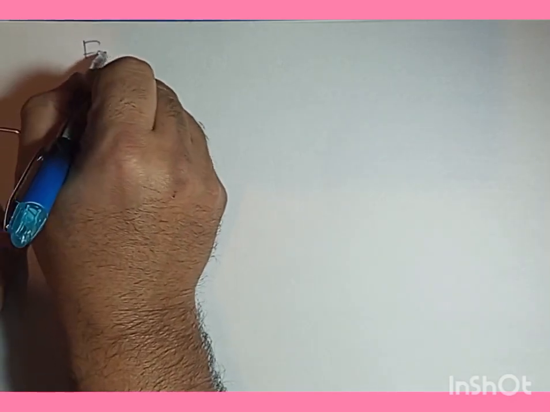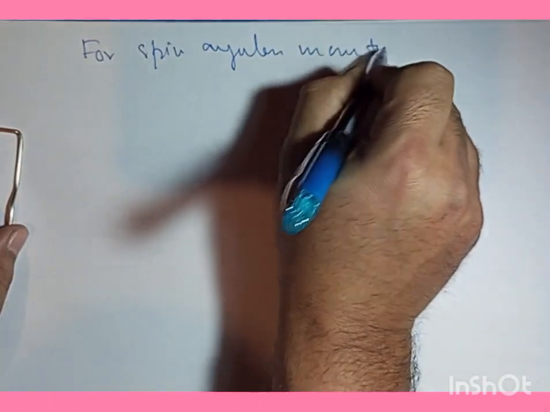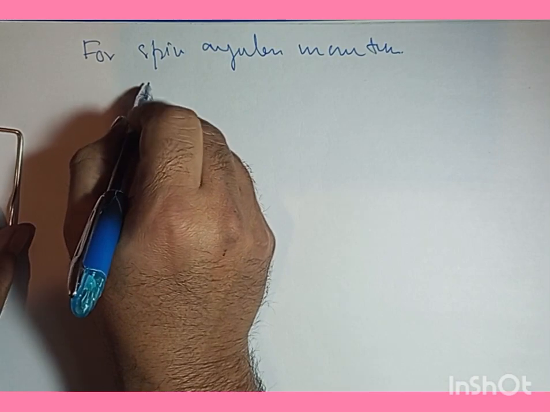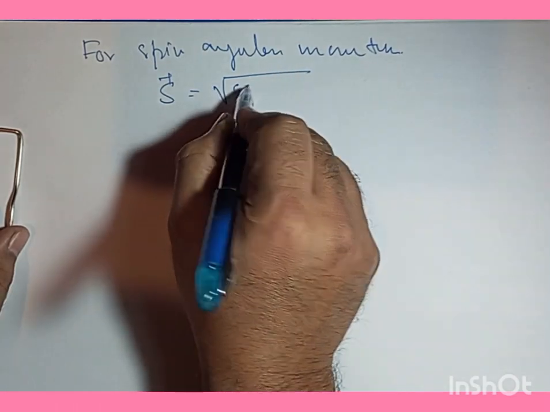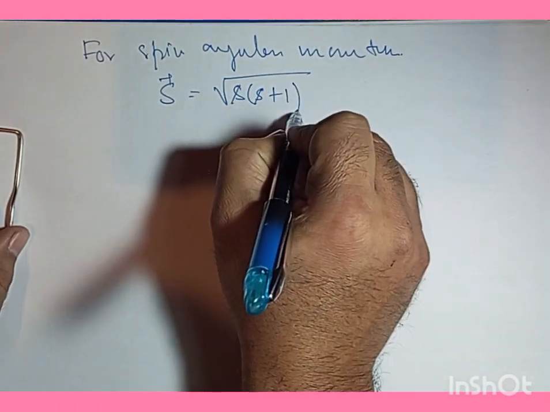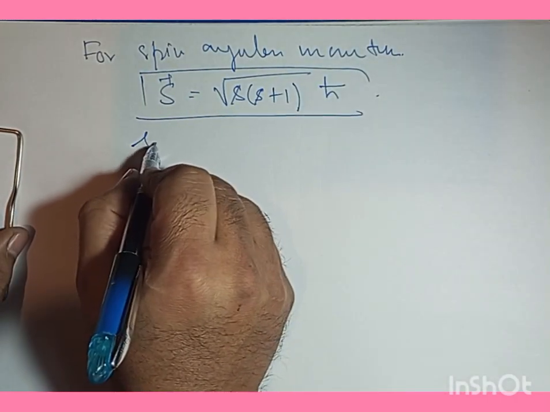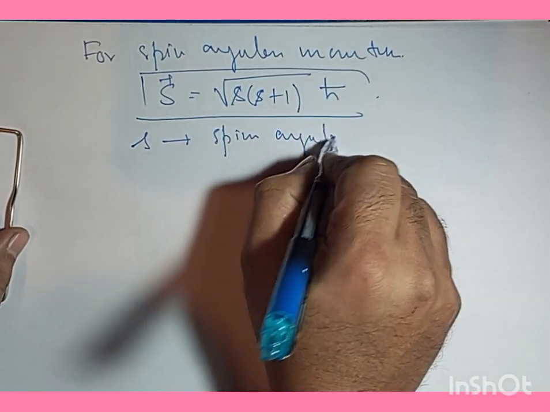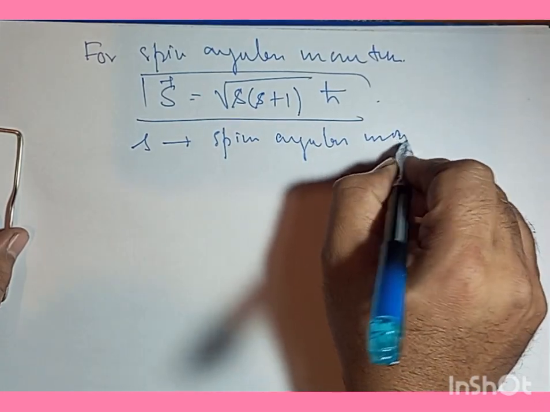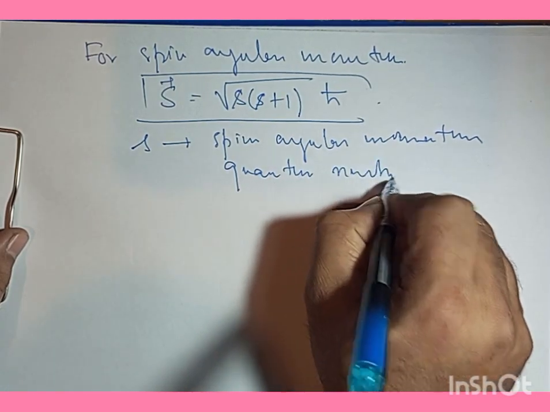For spin angular momentum, S is under root of s times s plus 1 times h cross, where this s is the spin angular momentum quantum number.